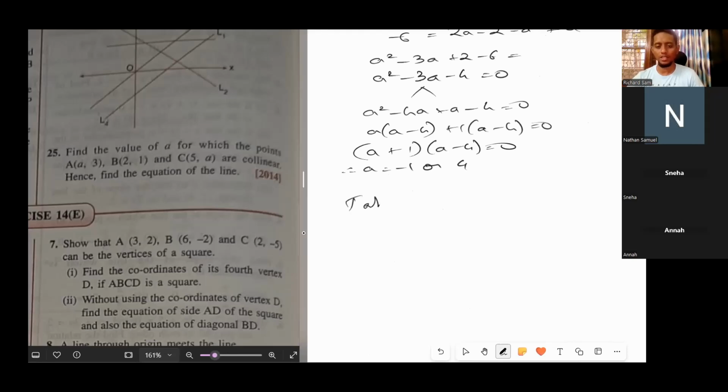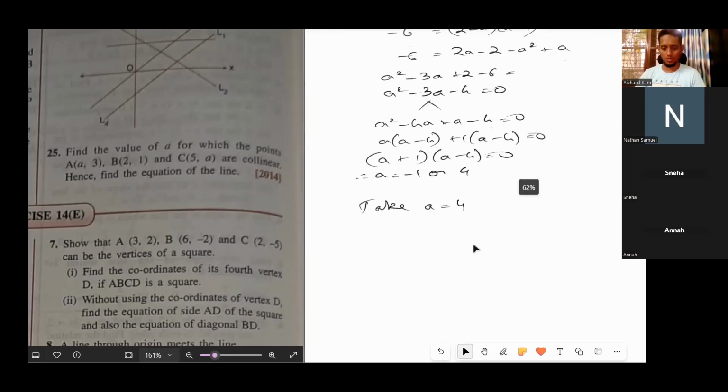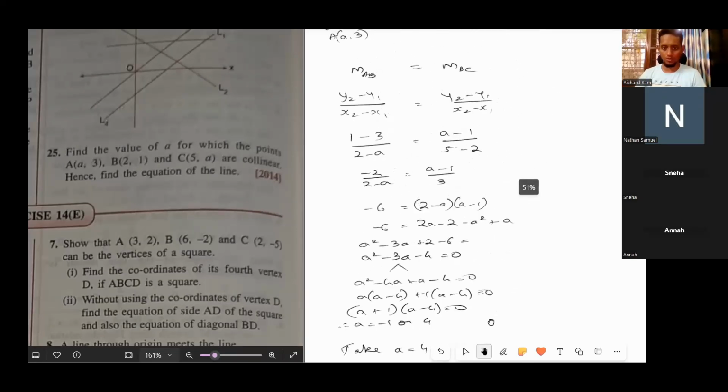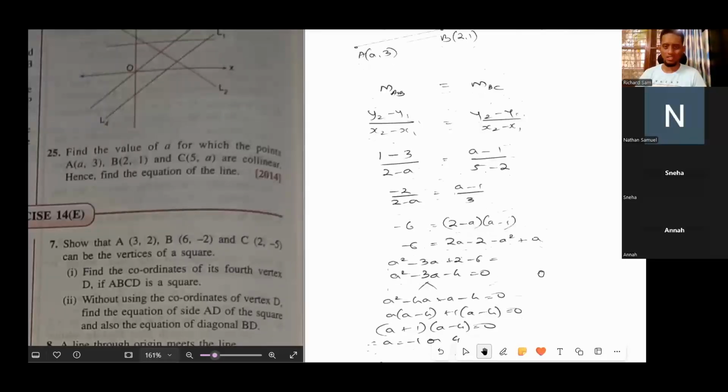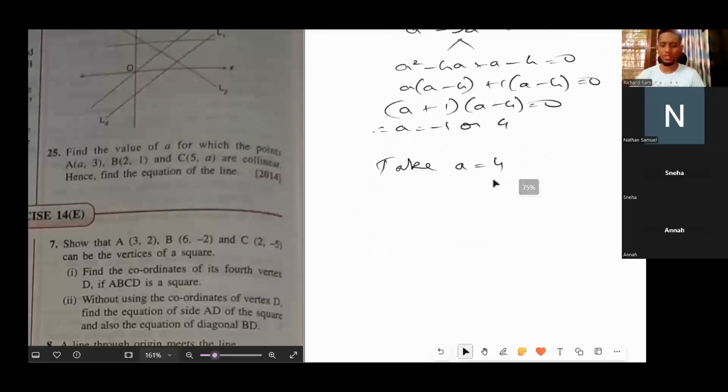Okay, do one thing. Take A is equal to 4. And for A is equal to 4, you find the equation of the line. So take 2 points, 4, 3 and 2, 1.